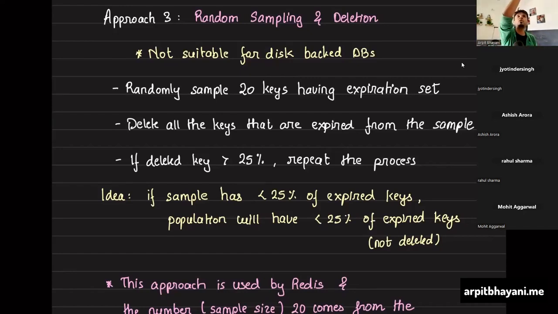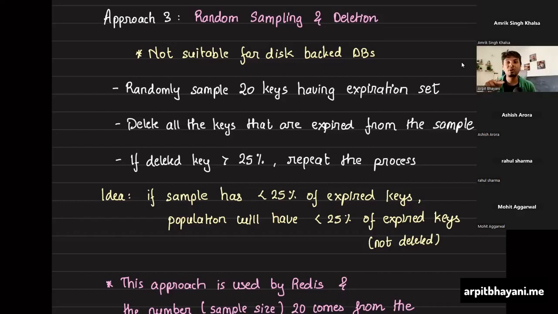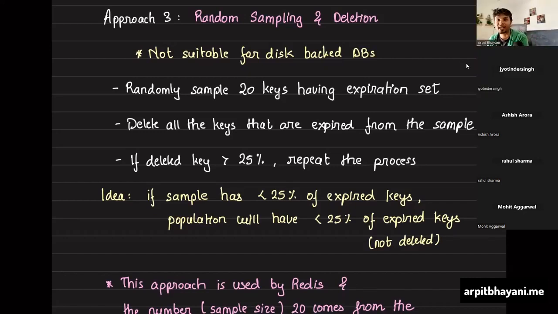Because if it spends a lot of time doing it, it would have less time to do the other part, which is accepting reads and writes and all, because Redis is single threaded. There are no multiple threads in Redis running anywhere. Because it is single threaded, it has to leverage that, right? So there is a chance that there are keys in Redis memory which are expired but not deleted.